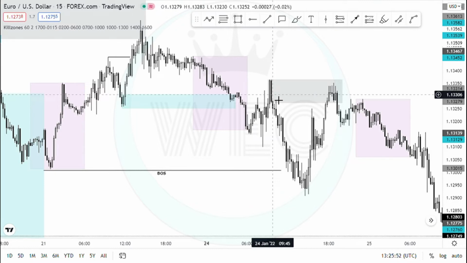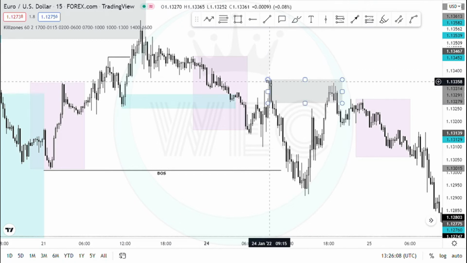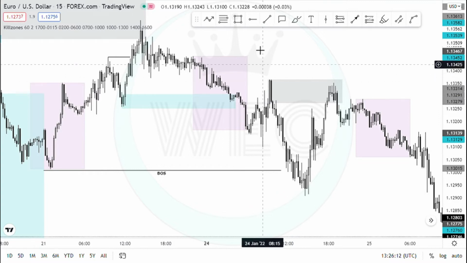That is why I'm able to catch constant 1:10s, 1:5, 1:8 on the 15-minute time frame. Just understanding the 15-minute time frame, I catch a lot of these good trades, and this is one of them. So on the 15-minute, I marked my 15-minute supply zone. We can see this 15-minute.